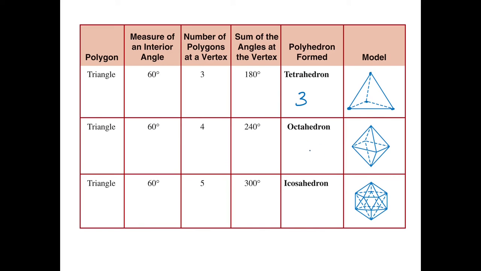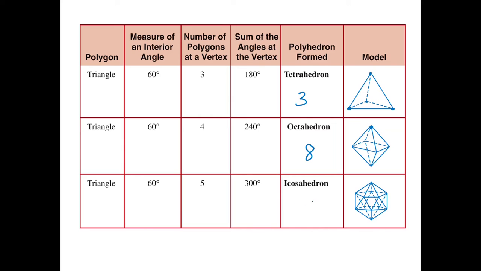For the octahedron, we have 8 faces, and the octahedron consists of triangles, again, congruent triangles. Each of the interior angles of the triangles are also 60 degrees, and each of the points has 4 faces that intersect that point.